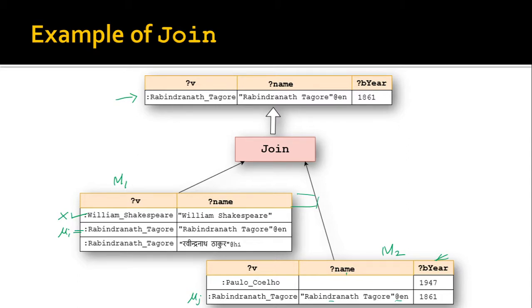Now let us try to define this formula. As we have two solution sets which we are joining, we have two arguments. This a1 is the first algebraic object in this join operator, and a2 is the second algebraic object.